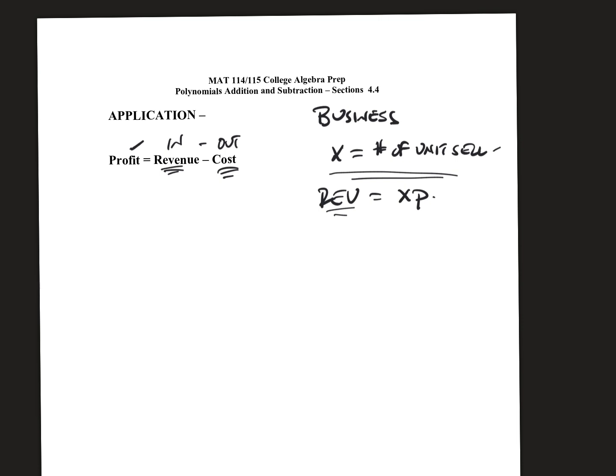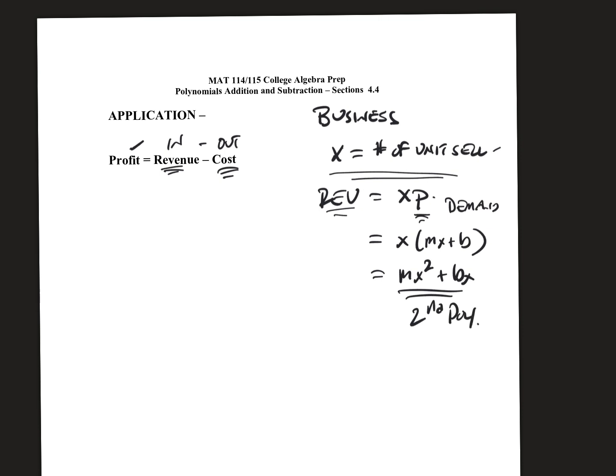You'll learn this in an economics class, but the price is determined by demand, and it's essentially a linear equation. So we end up with x times (mx plus b), which gives mx squared plus bx, and you can see we're dealing with a second degree polynomial.